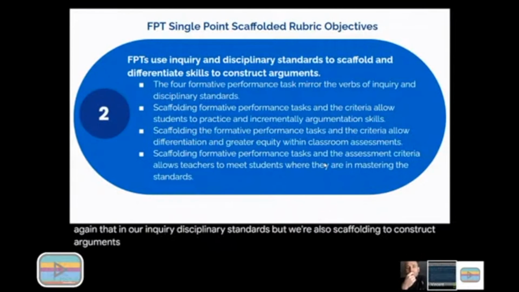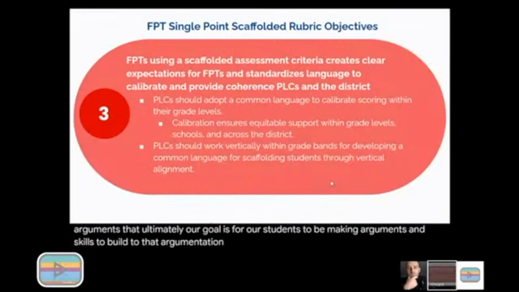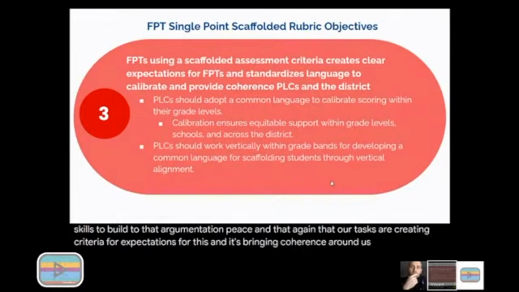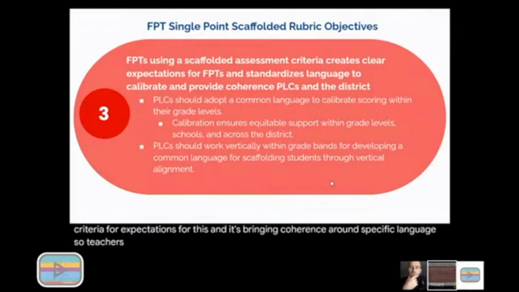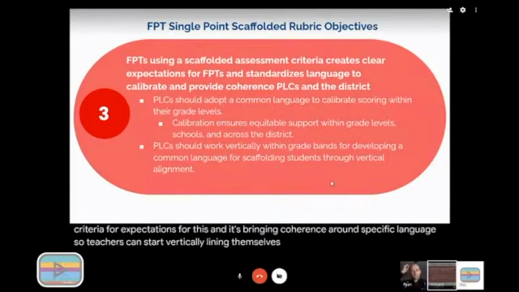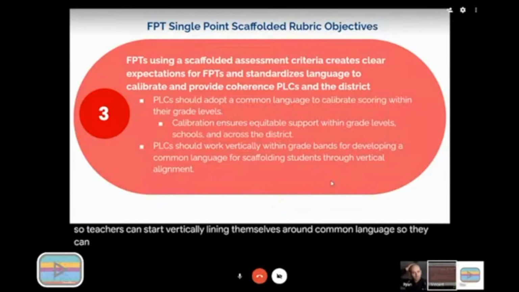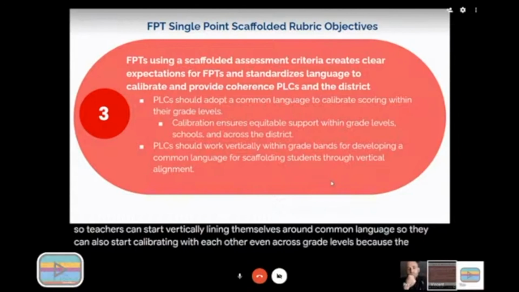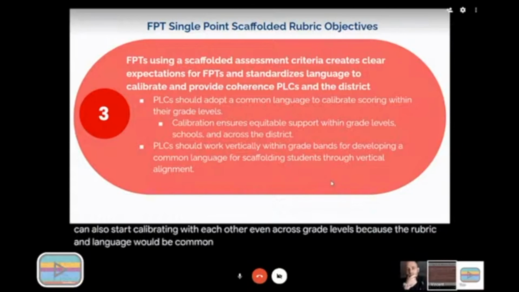Ultimately our goal is for our students to be making arguments, and our formative tasks are scaffolding those skills to build to that argumentation piece. Our tasks are also creating criteria for expectations, bringing coherence around a specific language so teachers can start vertically aligning themselves around common language and calibrating with each other, even across grade levels, because the rubric and language would be common and consistent with that PLC work.